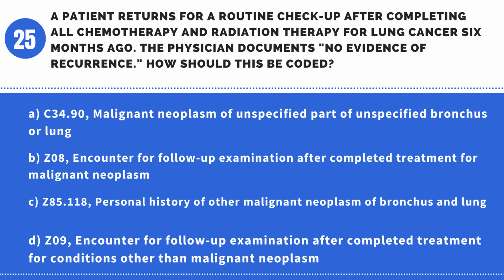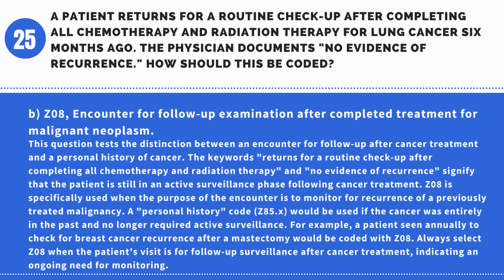C. Z85.118, personal history of other malignant neoplasm of bronchus and lung. D. Z09, encounter for follow-up examination after completed treatment for conditions other than malignant neoplasm. Answer B. Z08, encounter for follow-up examination after completed treatment for malignant neoplasm.